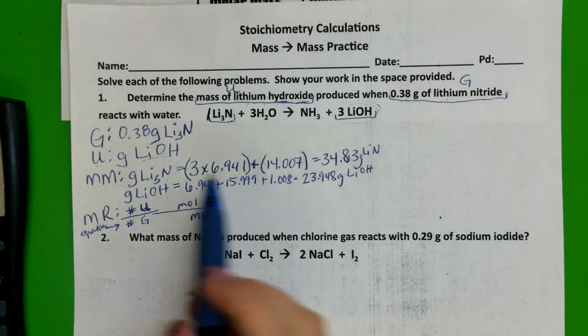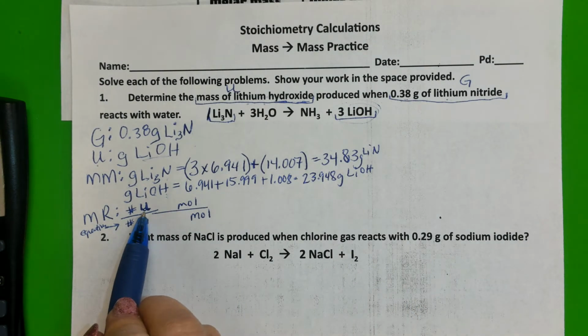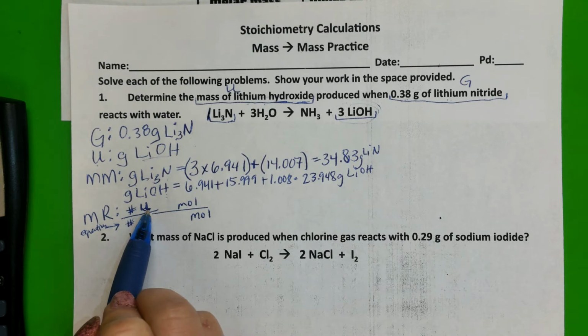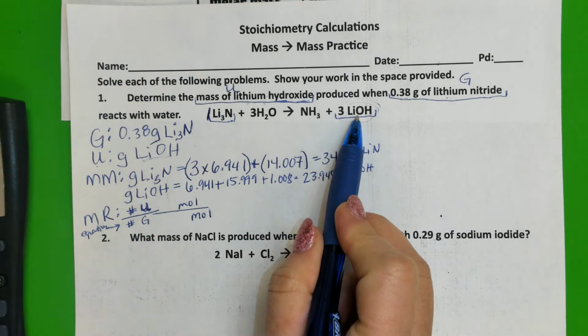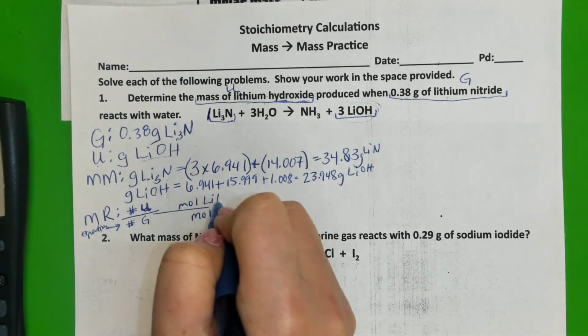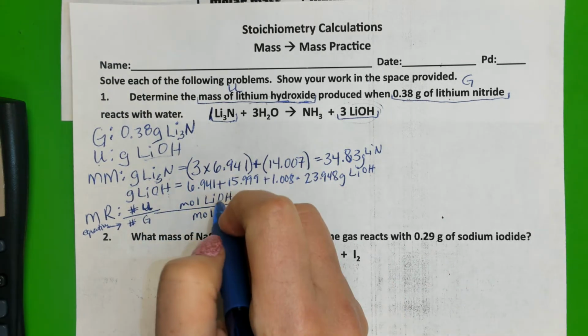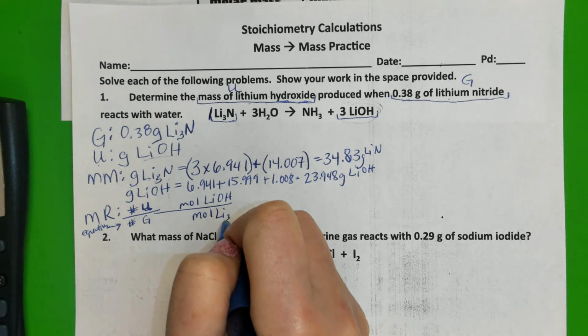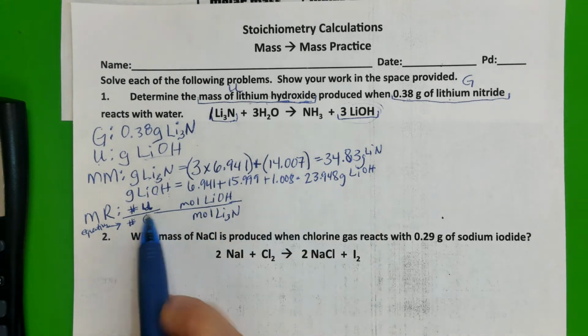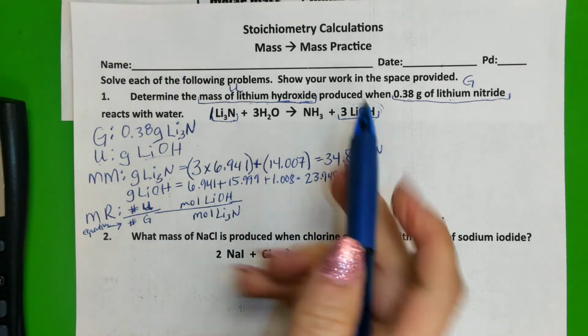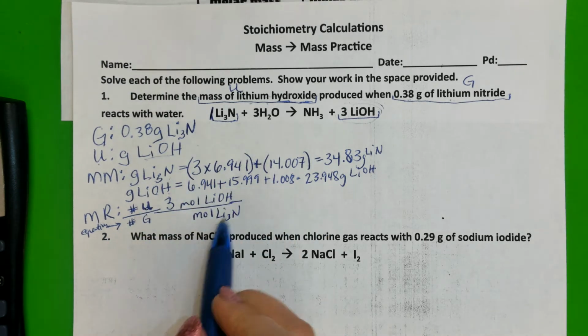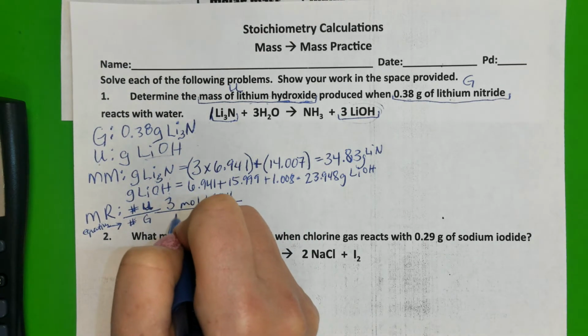So basically, the unknown would be lithium hydroxide, which is LiOH, and the given is lithium nitride, Li3N. The number for lithium hydroxide is 3, and the number for lithium nitride is 1.